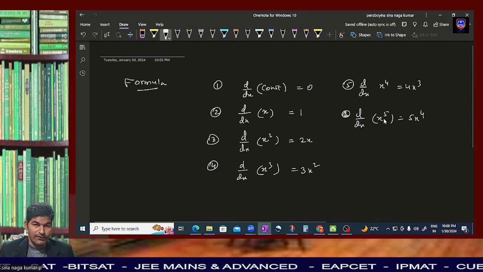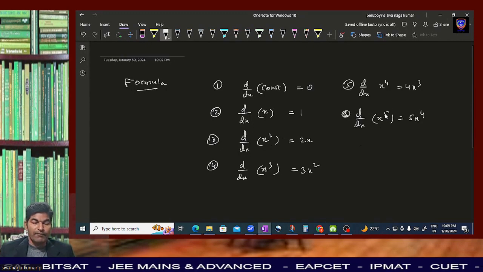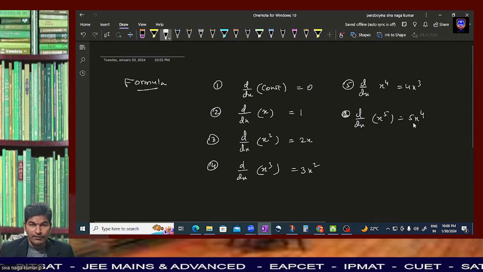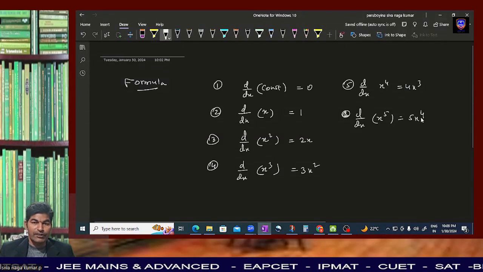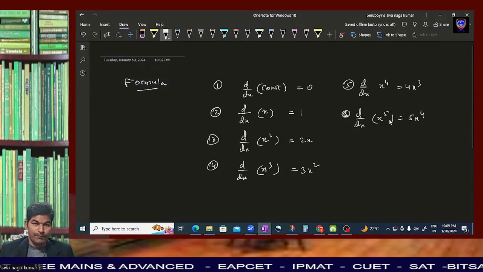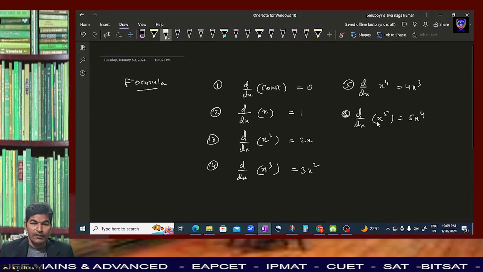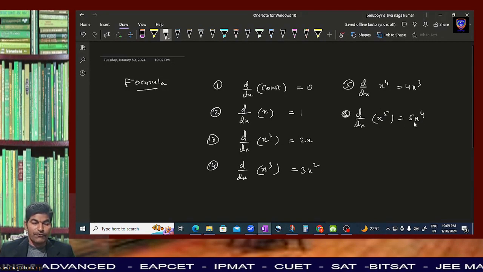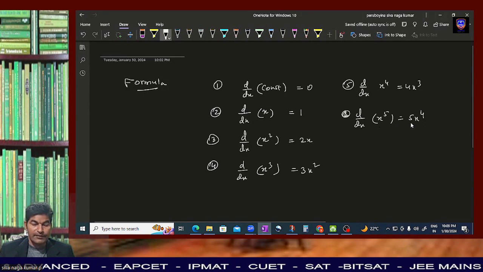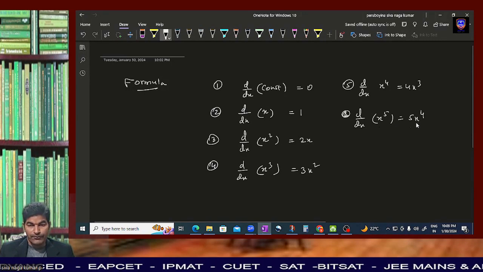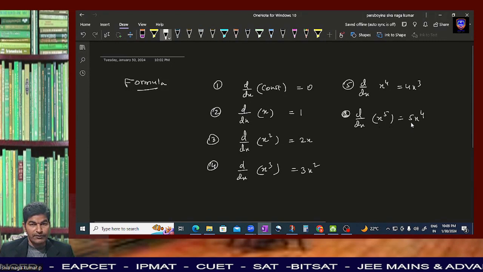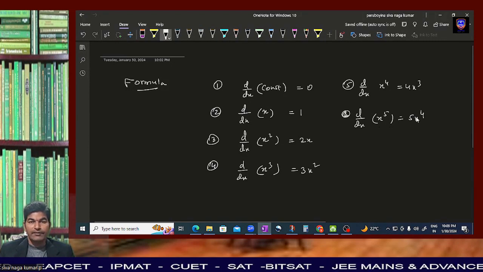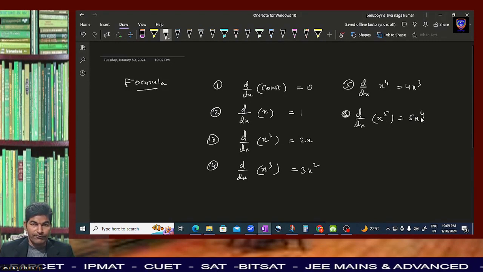In that kind of situation, the power becomes the coefficient and we decrease 1 unit from the previous power. So for example, x power 5: the result is 5 into x power 4. That means 5 becomes the coefficient and we decrease 1 unit from that 5, it will be 4.